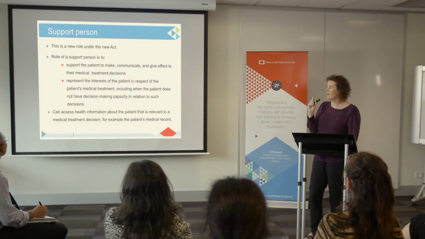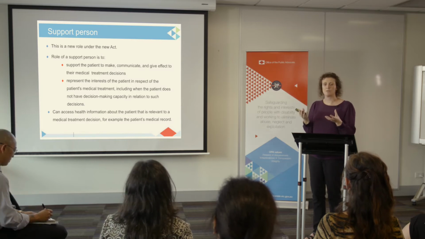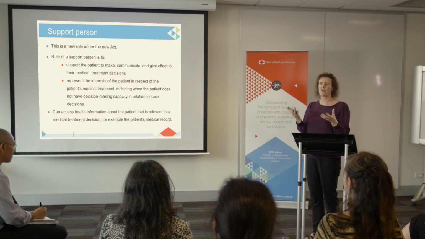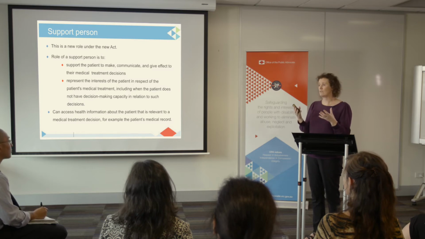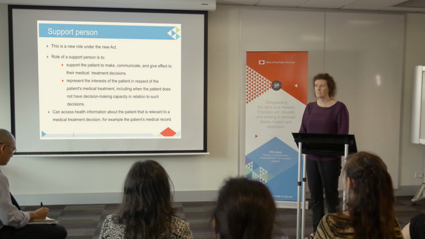And doctors often then say, well, under the privacy legislation, I can't tell you if you're not a spouse or a family member. If someone has appointed someone as a support person, that gives a little bit more legal weight and authority to then allow doctors to disclose and obtain medical information.